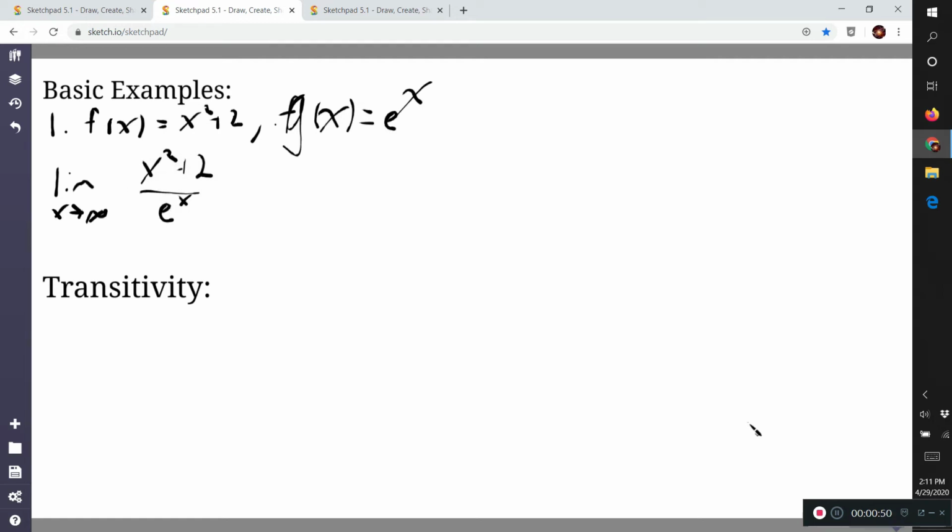And if we try to plug in infinity, we get infinity over infinity, so we're going to apply L'Hopital's rule. The top will become 2x, and the bottom will become e to the x, because the derivative of e to the x is e to the x.